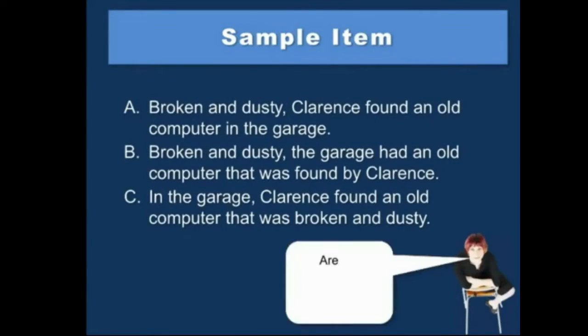A misplaced or inappropriately used modifier item on an objective test might look like this. So are the modifiers placed correctly in letter A? Broken and dusty, Clarence found an old computer in the garage. Or is it correct in sample B? Broken and dusty, the garage had an old computer that was found by Clarence.